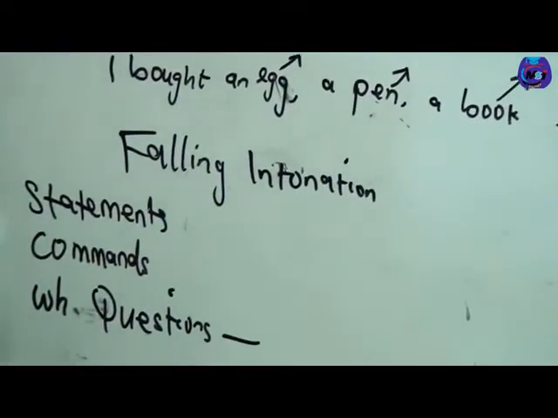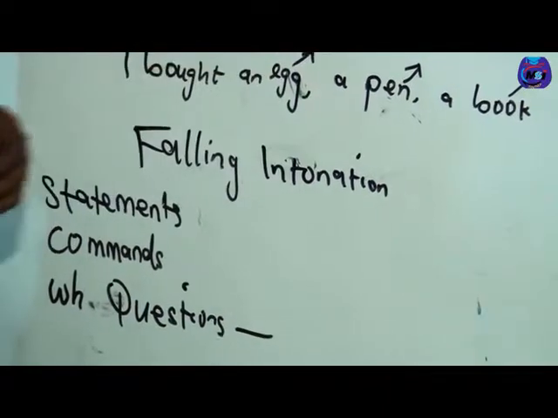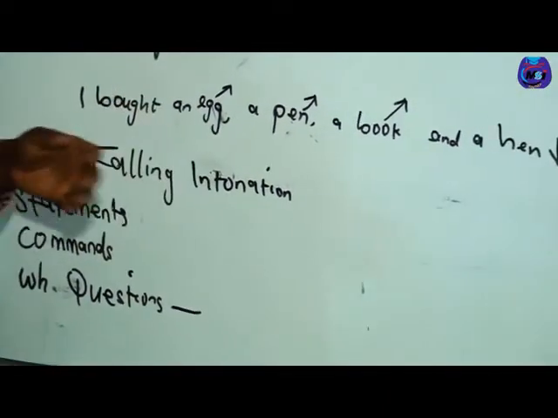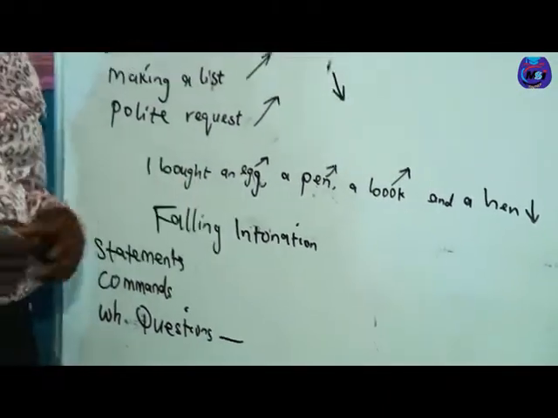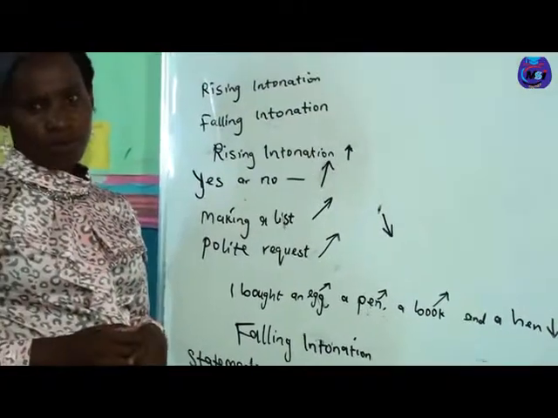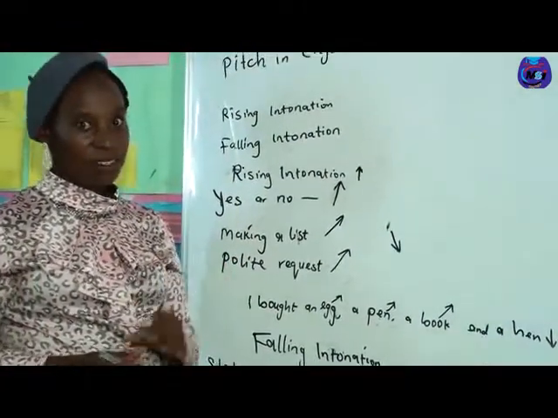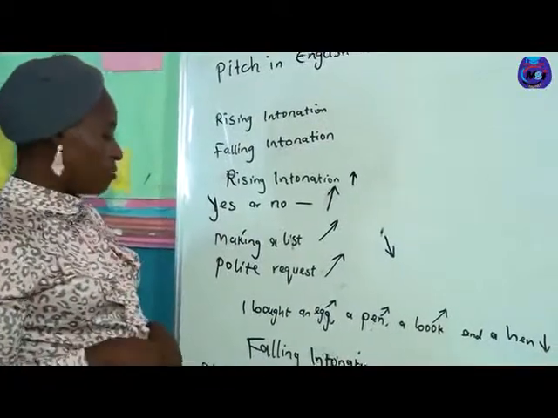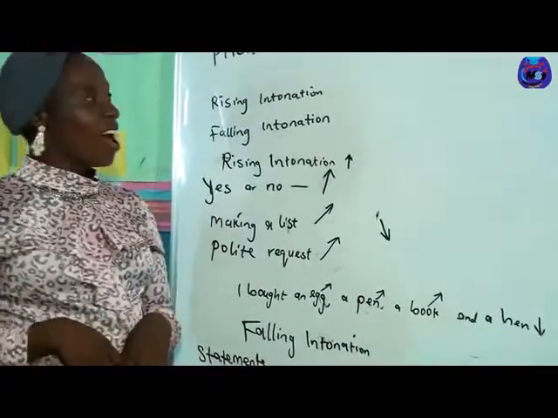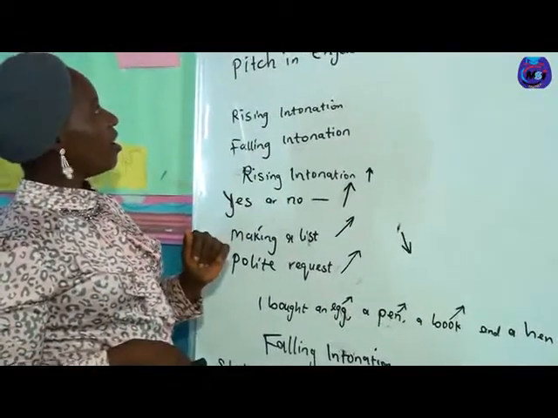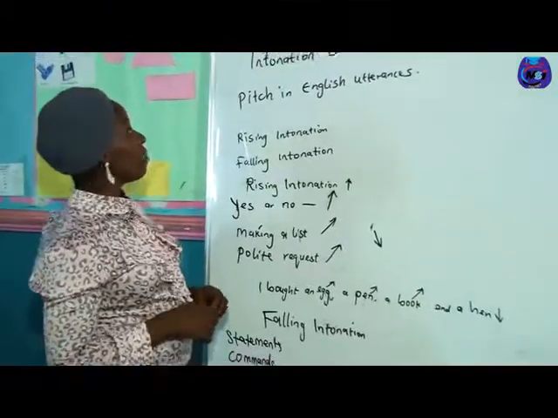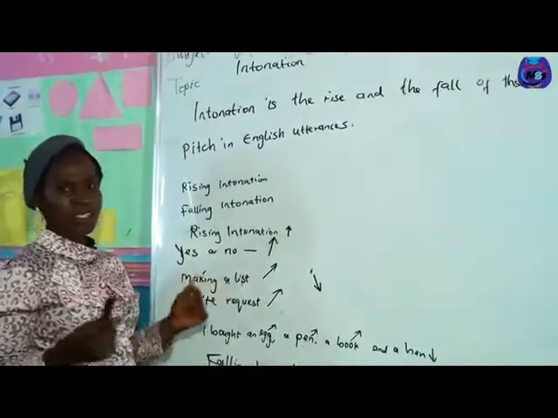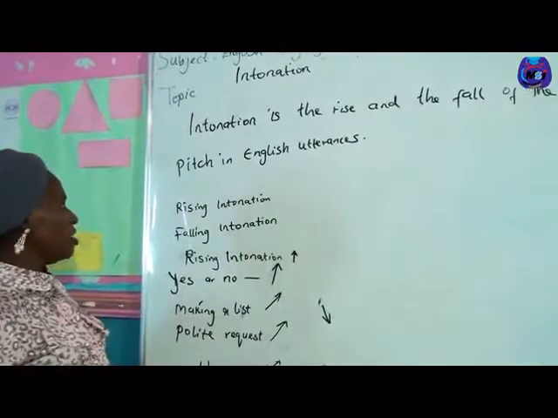What is your name? What are you doing? Where are you? Where are we? Who are you? They are all WH questions. You ask them on a falling intonation. I believe you've enjoyed this class, this topic, intonation. It's very brief, it's very simple, and it's very interesting.